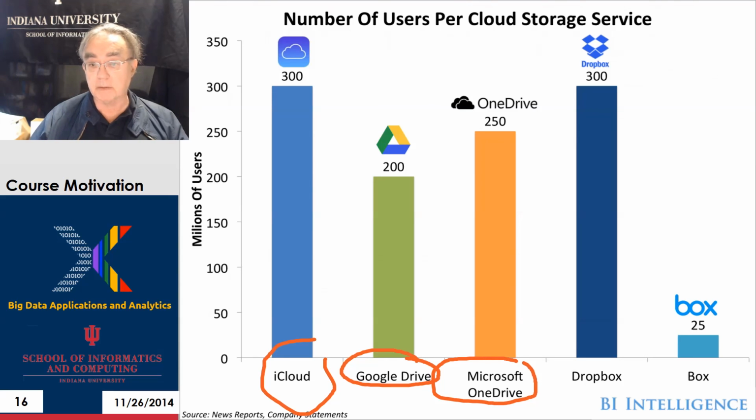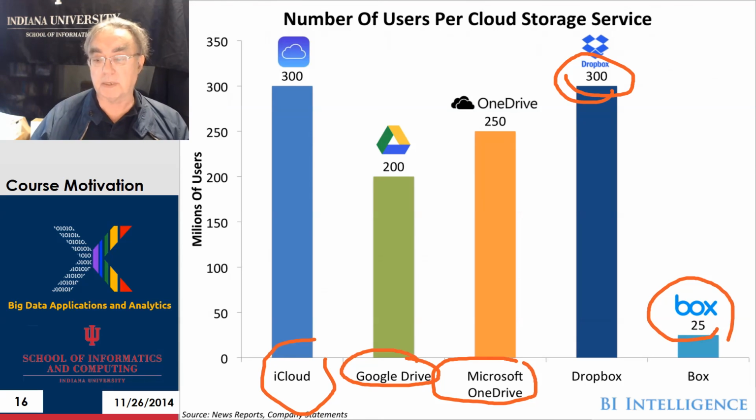Microsoft is actually bigger than Google Drive, according to this, with Dropbox still the dominant, and Box, which is, for instance, used by Indiana University, is sizable, but nowhere near these other major vendors.